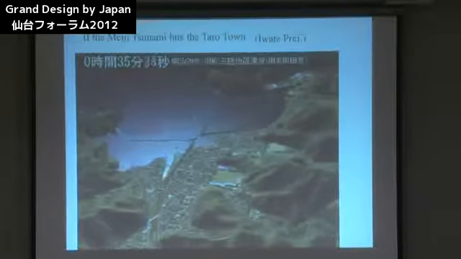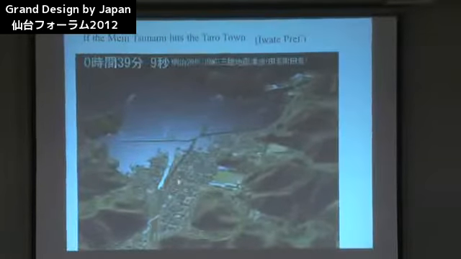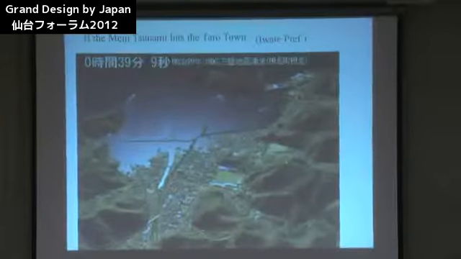Then the Meiji tsunami easily overflowed. Showing this animation, I often told the Taro residents, once overflowed, this will be completely destroyed. Therefore, the most important thing is to evacuate to high ground.